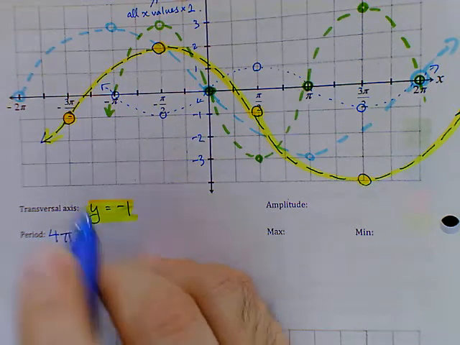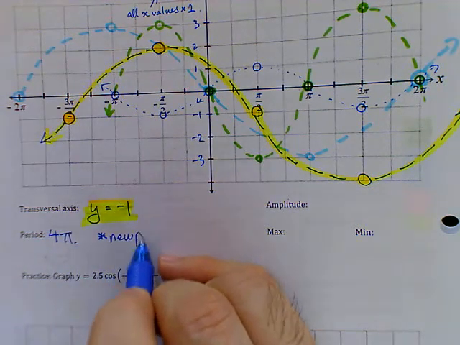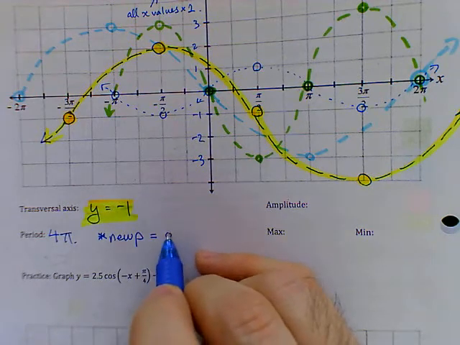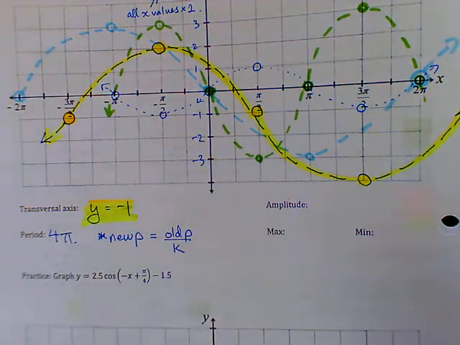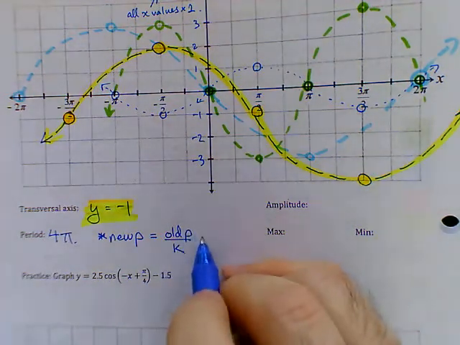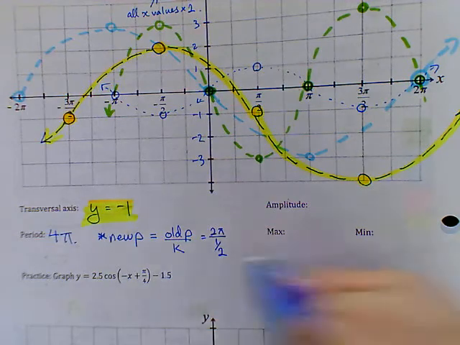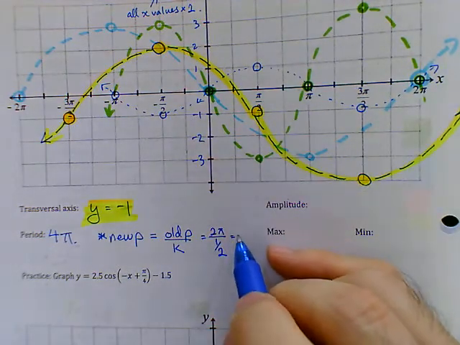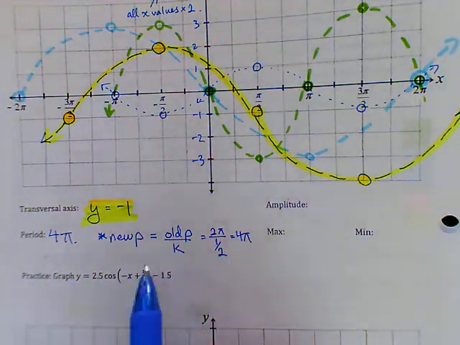And by formula, you can actually calculate this. The new period is actually equal to the old period divided by k. Let me explain. The old period is 2 pi, and if I divide by k, it's the same as saying 2 pi times 2, it's 4 pi. That formula you can take with you.